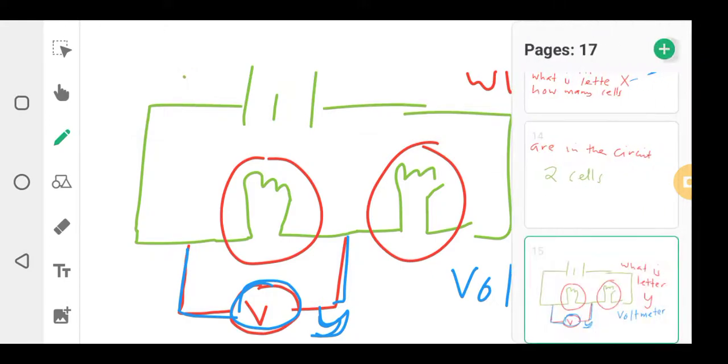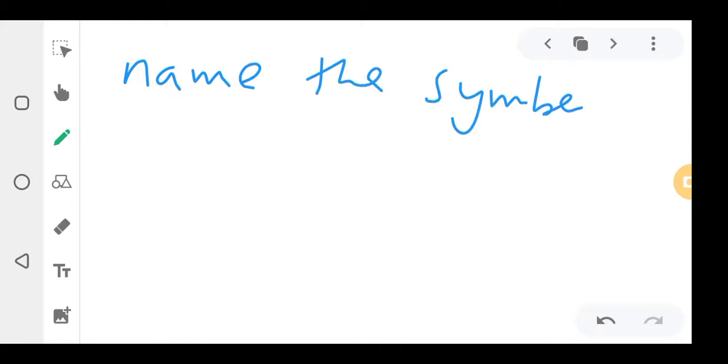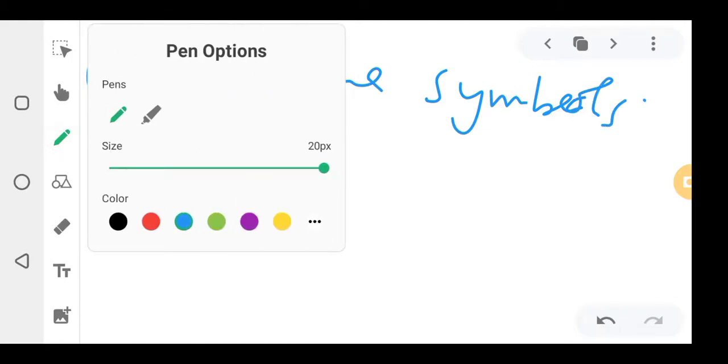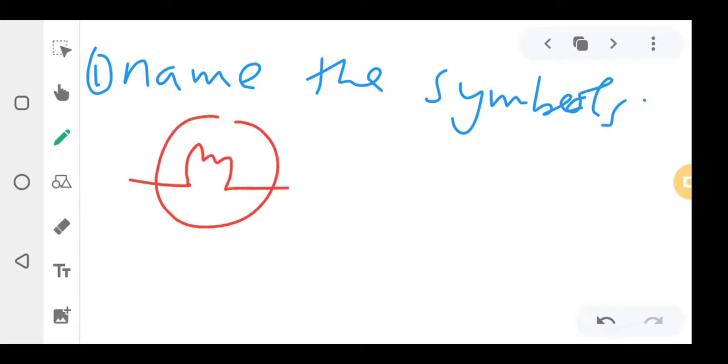Now let me give you an exercise so that I see whether you have understood what I'm saying. Question 1. Name the symbols. What's the name of this symbol?